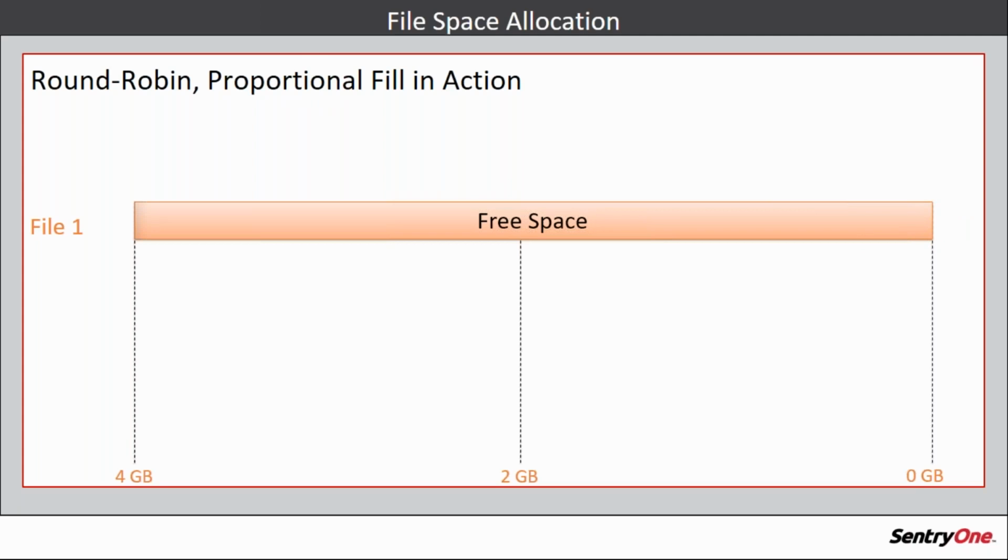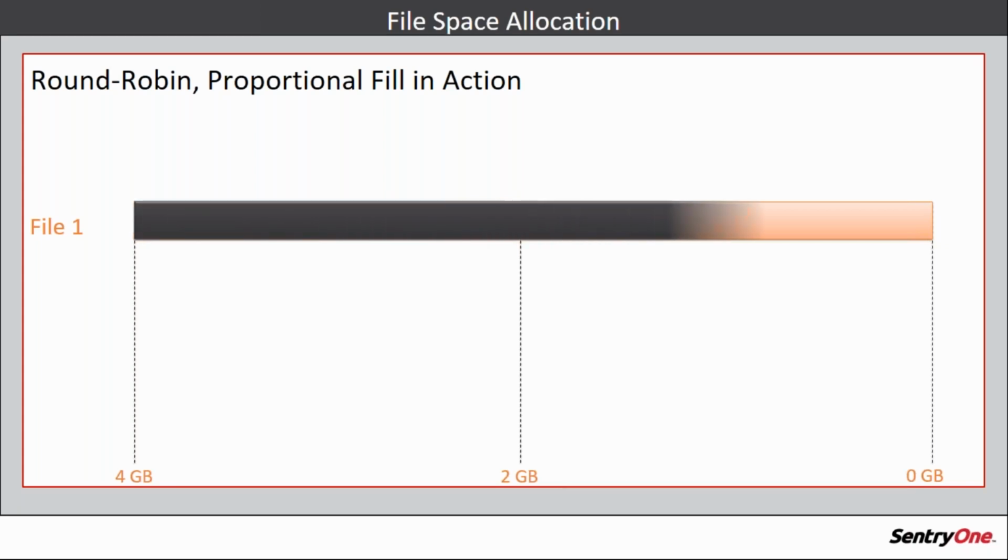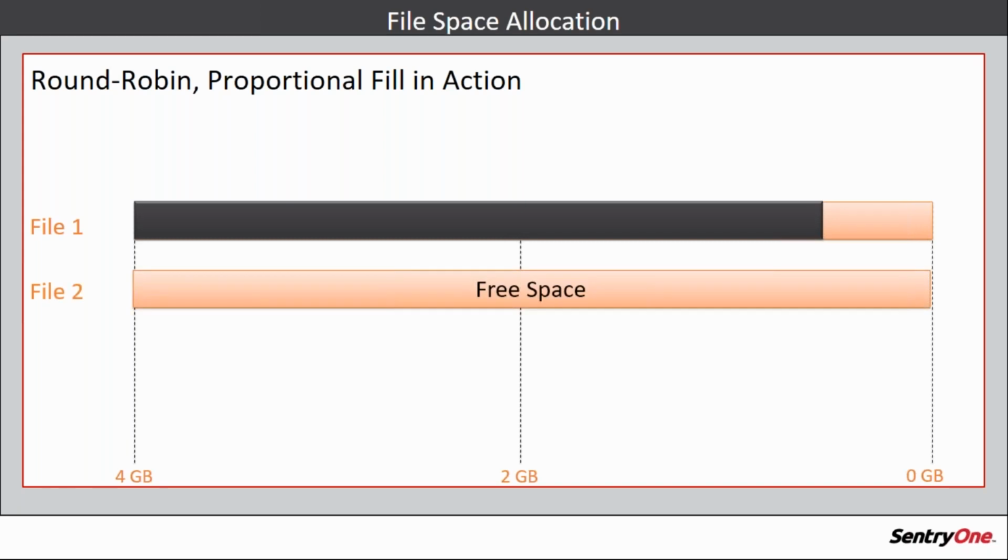So if we have one 4 GB database file, of course, very predictable results, because all the writes are going to go to that one file, and it's eventually going to fill up, but you can tell where all the workload is happening. Now, if instead of creating 4 files of the same size when you start, you later on add a new file. Let's say we create another 4 GB file because the first one was 80% full.